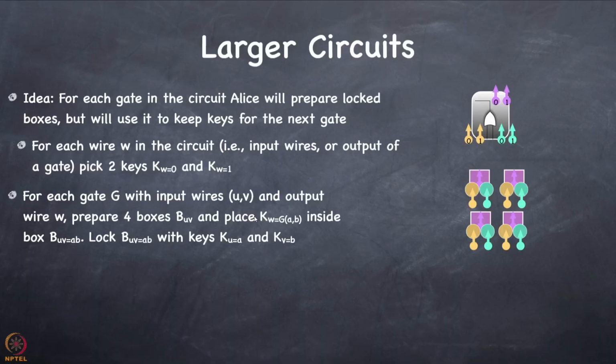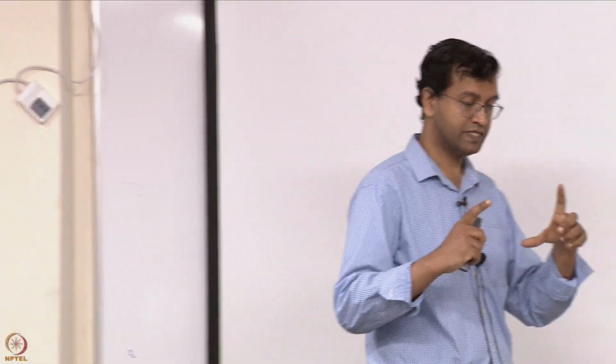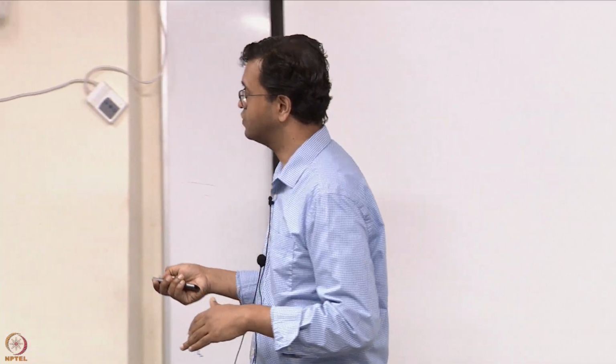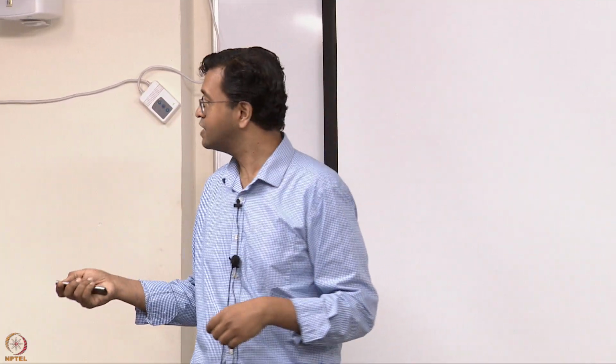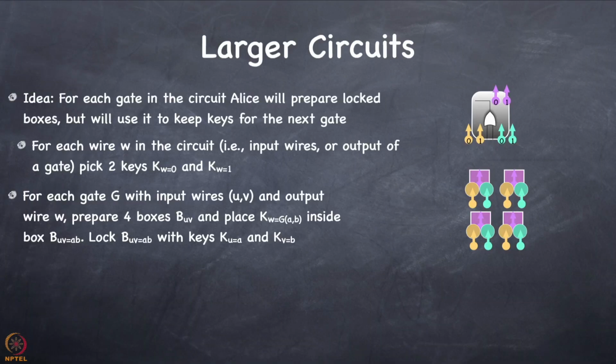So in general, the key sitting inside each of these 4 boxes corresponds to w equal to the output value. Every value is now represented by a key, and otherwise we are doing the same thing: we keep the output of the function inside the box, except that instead of the actual output bit, we have the key that represents it.